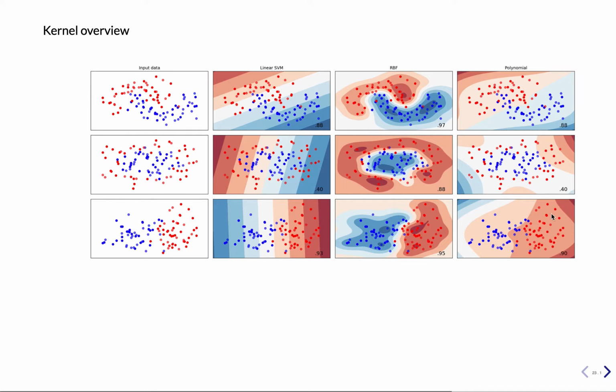This is an overview of what the different models look like on different types of data. In this case, we have those two banana shapes. Our linear kernel tries to fit that with a line, but only gets 80% accuracy. The RBF kernel can learn very nice blob shapes.